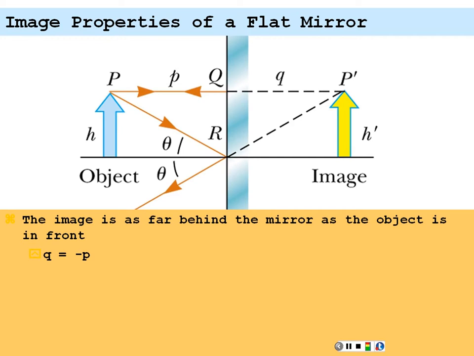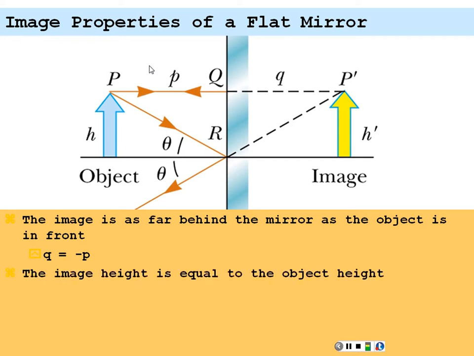But our image is behind the mirror, so it is not on the same side as the outgoing real ray. The outgoing real ray is on the left-hand side here. So our image distance is going to be negative, equal to negative P. It's the same magnitude behind the mirror, but it's not on the same side as the outgoing ray.